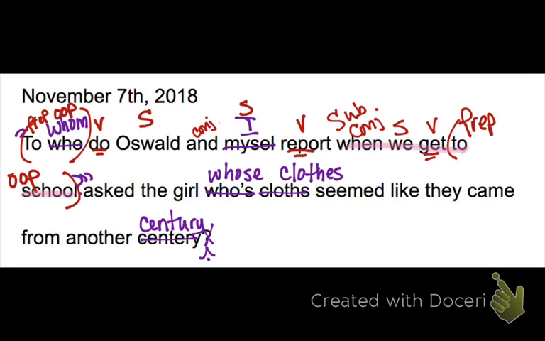Now we have the material outside of the quote. We have asked the girl whose clothes seem like they came from another century. Who or what are we talking about? A girl. Now, before I go on to anything else there, let's knock out all of our verbs. Where are they?